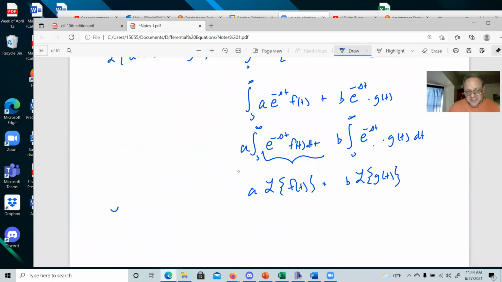So it's really nice that the Laplace transform of a f of t plus b g of t is equal to this piece right here. So if you're in linear algebra at this point, studying linear transformations, guess what the Laplace transform is? That's a cool thing: the Laplace transform is a linear transformation.